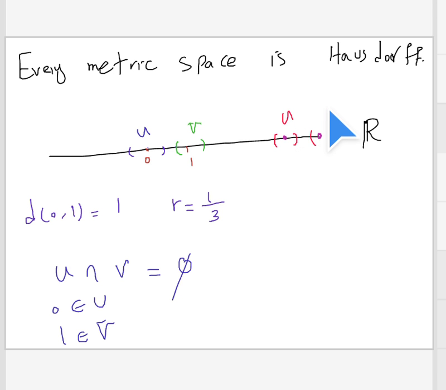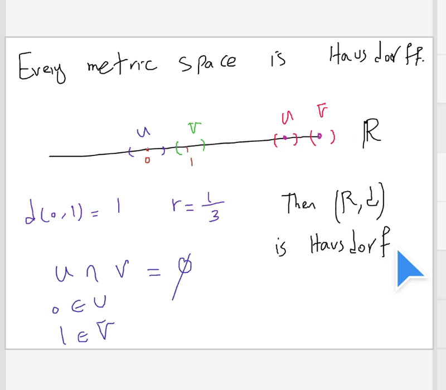This is U, this is V. They are disjoint. They do not have any intersection. Then R with the usual topology is Hausdorff. Understand?